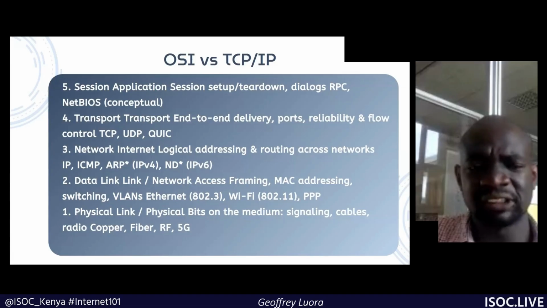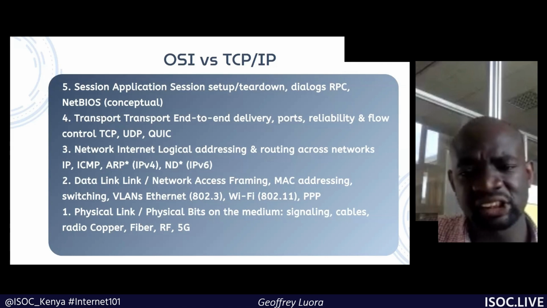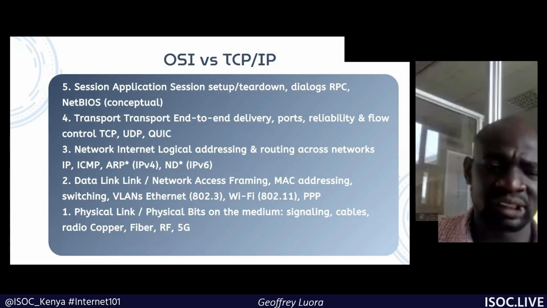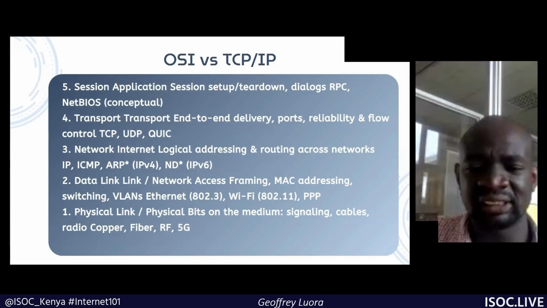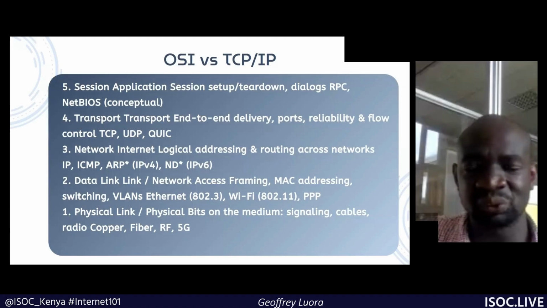In short, for the physical layer, you think of things that you can touch or maybe see, because you can see a fiber optic cable or a laser signal, and you can see the radio frequency that is used to transmit packets at layer 2, or rather bits at layer 1.